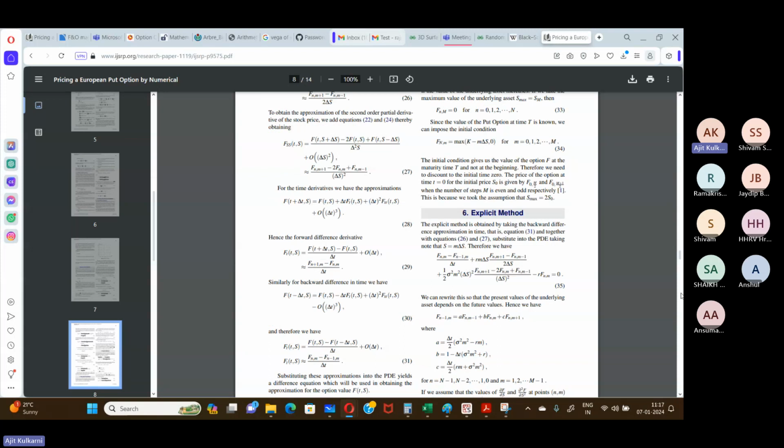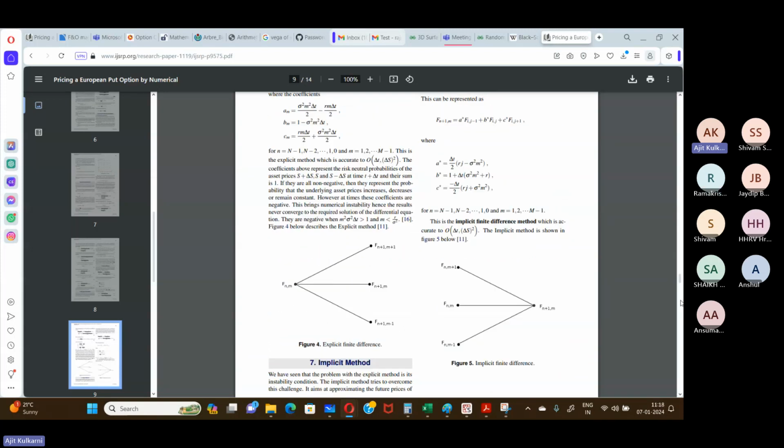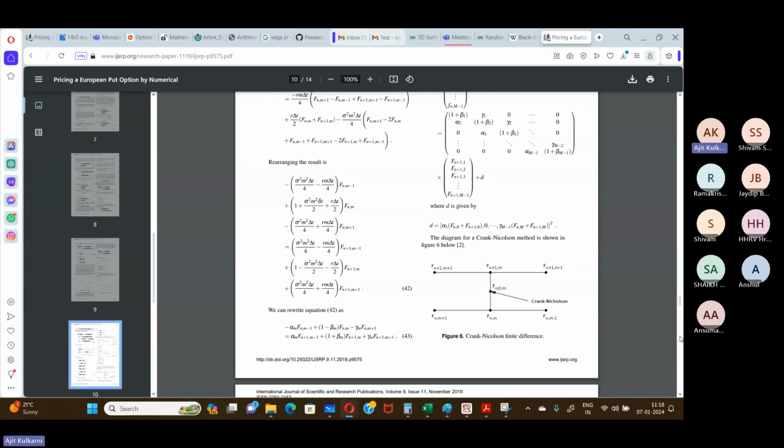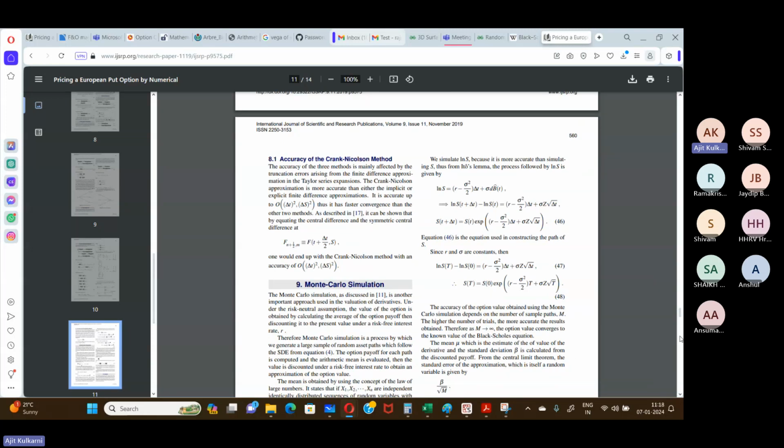They have typically mentioned three methods: forward difference, backward difference, and the Crank-Nicholson method. Crank-Nicholson will be slightly out of scope because it's far more computationally intensive. If you do that, there will be extra points for doing it by Crank-Nicholson.